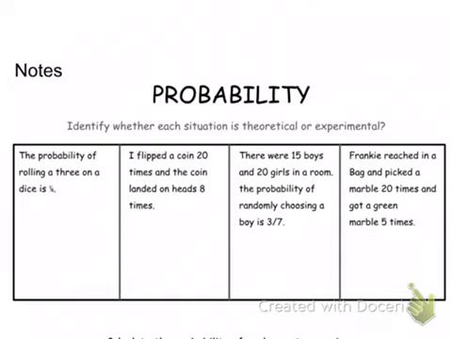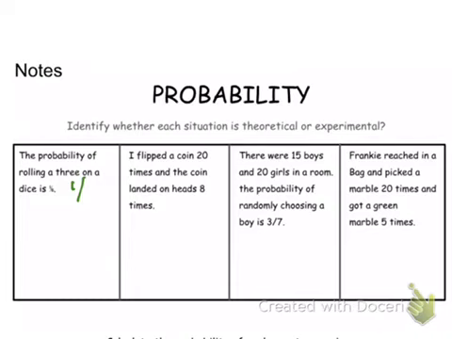Okay, let's take a look and see if we can identify the difference between theoretical and experimental. The probability of rolling a 3 on a dice is 1 out of 8. I don't know if you can see that, but it does say 1 out of 8. Nope, should be 1 out of 6. I apologize. It's a dice, isn't it?